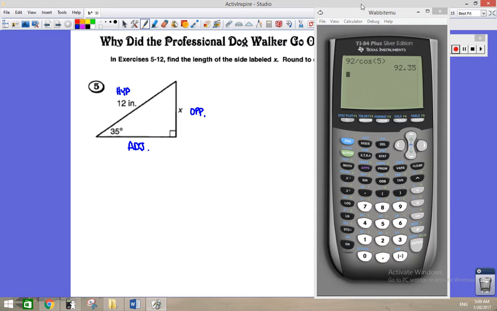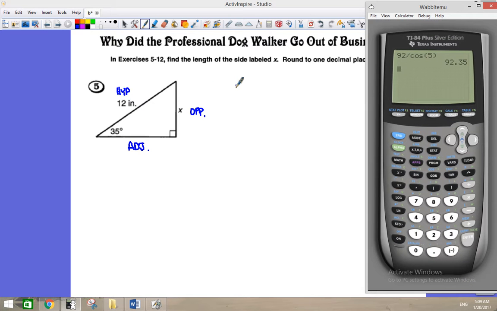So of the 6 trig functions, SOHCAHTOA is a phrase that helps us remember 3 of the 6 ratios for a right triangle. And if I'm not using the adjacent side, then I'm going to pick the sine, at least initially, to see if this works, and it should.